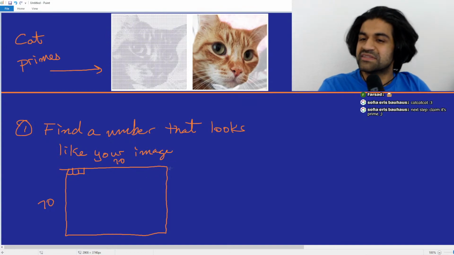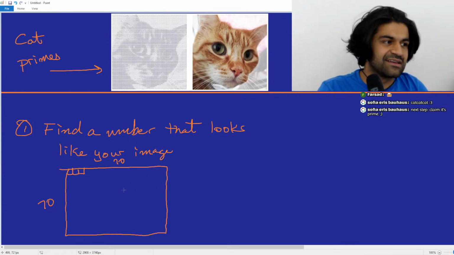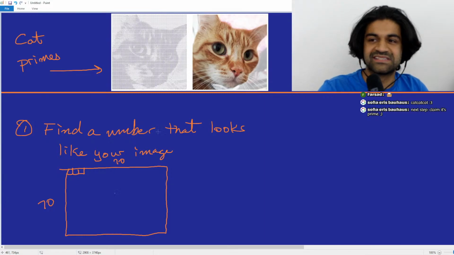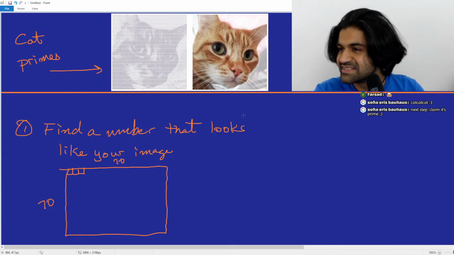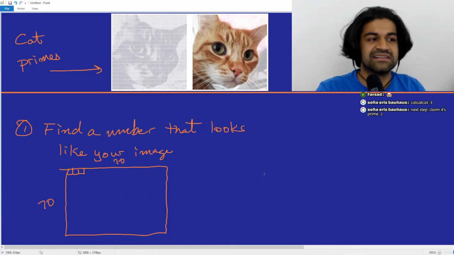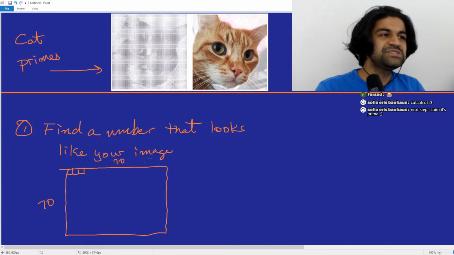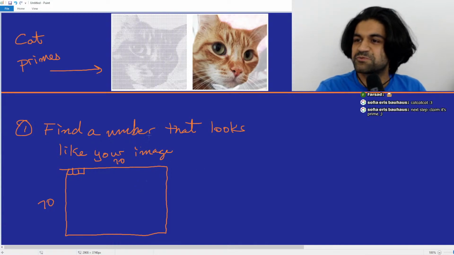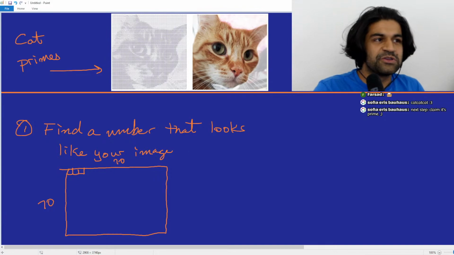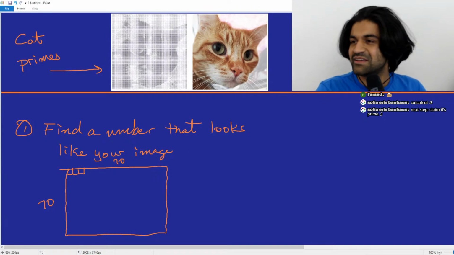If you use something like OpenCL or Pillow in Python, or a different library in C++, you'll get a number between 1 and 256 that tells you how bright your pixel is, 256 being the brightest, 1 being the dullest, okay? Once you have these numbers, you want to replace each of these pixels with a number so that your grid of numbers looks a lot like your image.